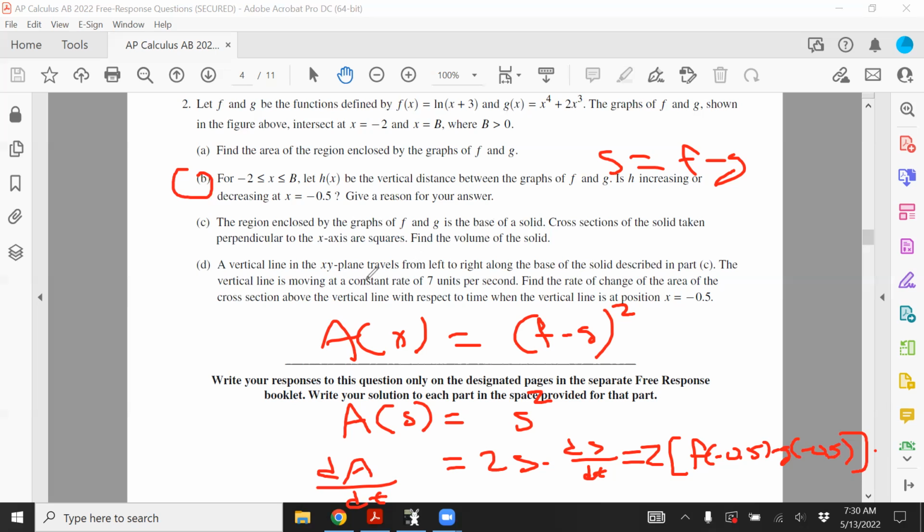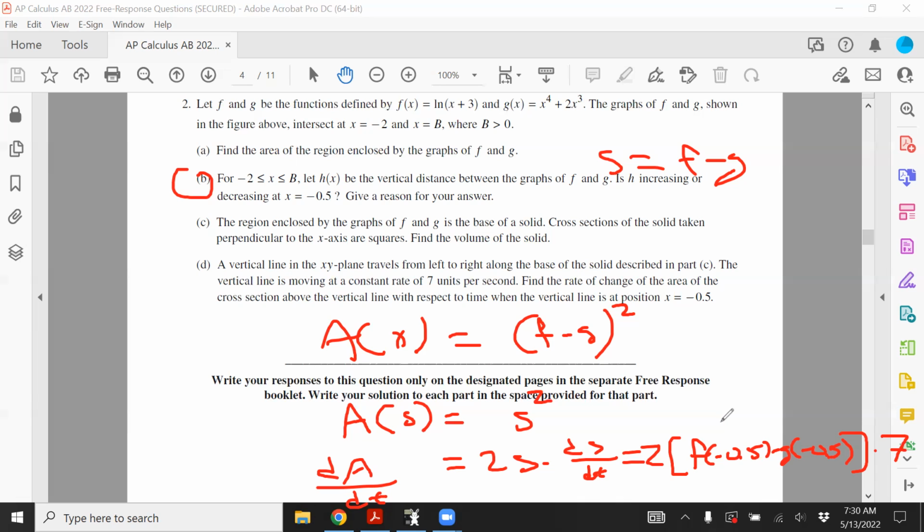Yeah, that's what we need to do. And then we just work it out. Yeah, sorry, my apologies, I had a little brain freeze there. But yeah, it's moving at that rate, 7 units per second. So yeah, we just work that out and we get the answer.